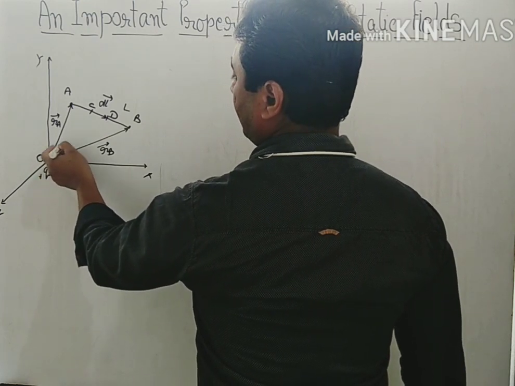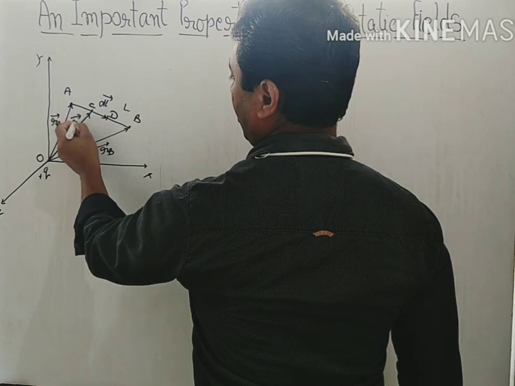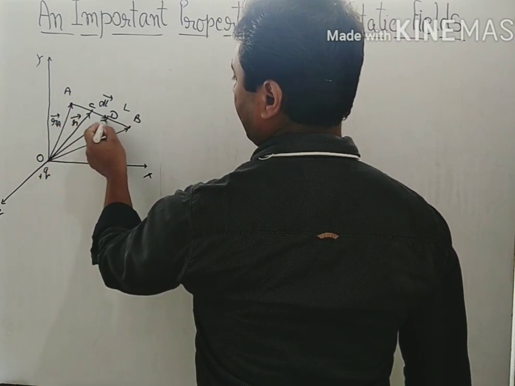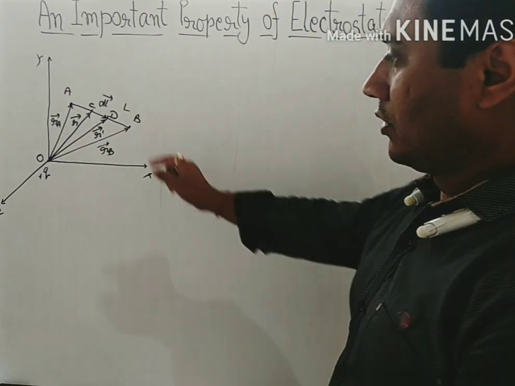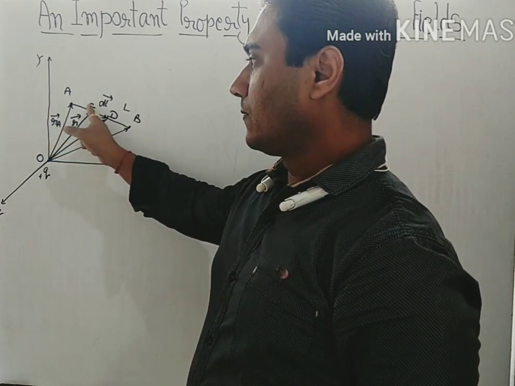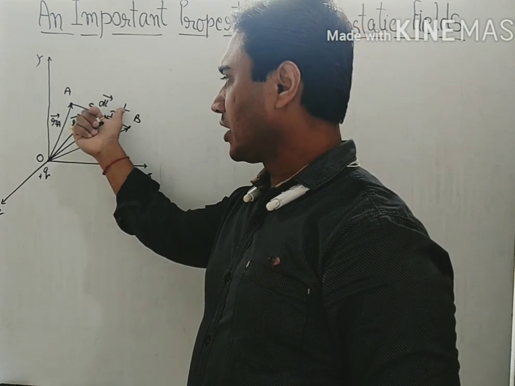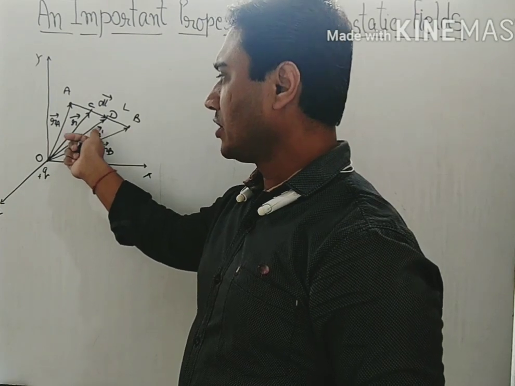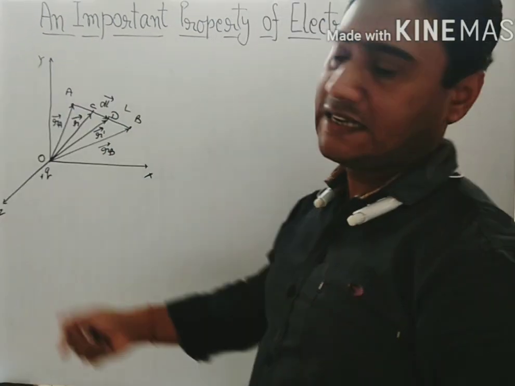Let the position vector of point C be vector r, and that of point D be vector r prime. So vector r is for point C of this small segment of the path L, and r prime is the position vector of point D of this small segment dl.